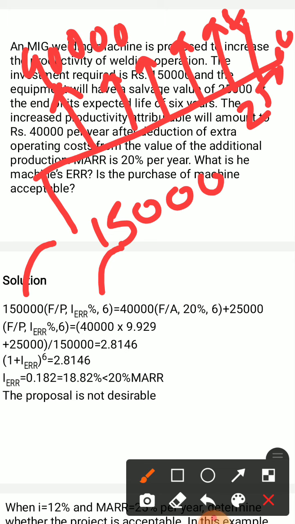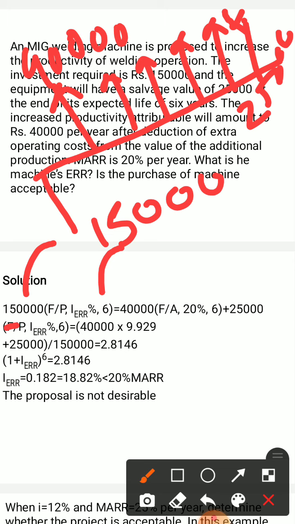Now, in previous examples of the internal rate of return, we considered the initial investment as a minus, minus 1,50,000, like that. In that case, we remove the equal sign and write everything on a single side of the equation, so we put it as a minus.